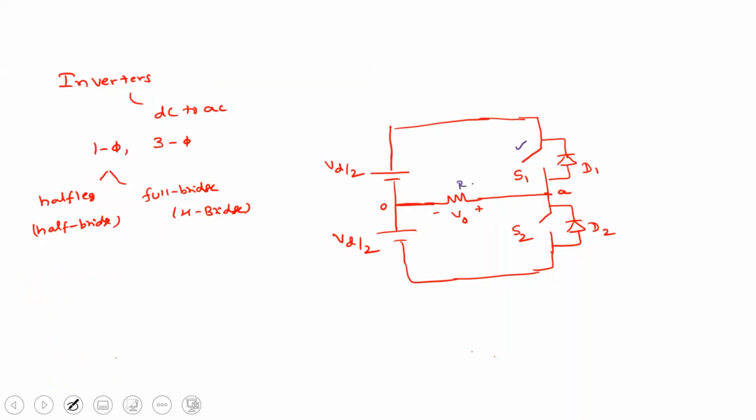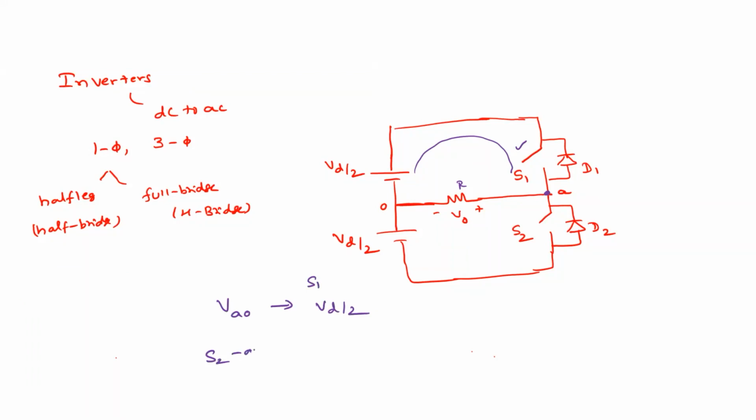Let us assume some resistor R is connected across the load terminals. So what is the voltage VA0 when S1 is on? VD by 2.